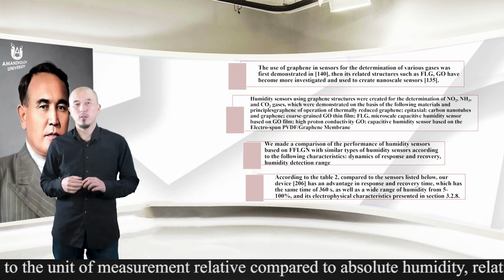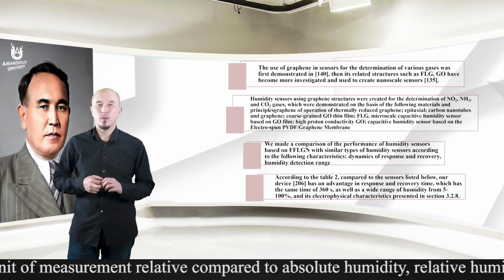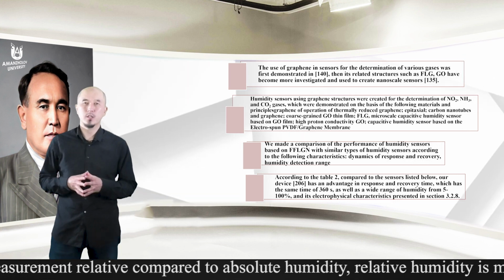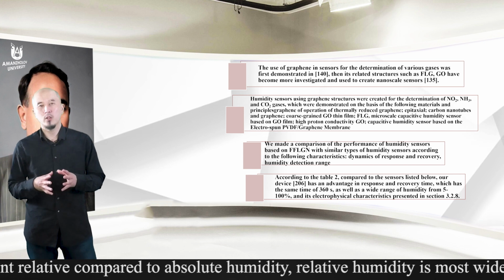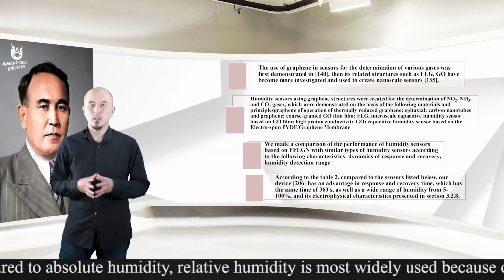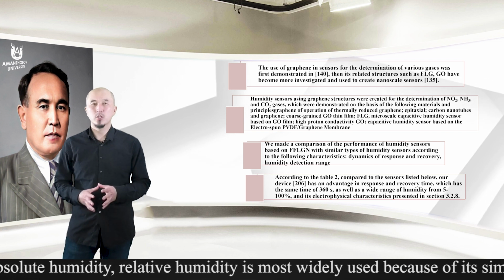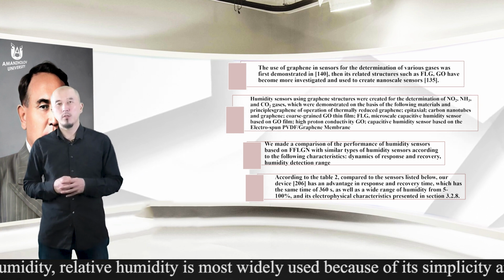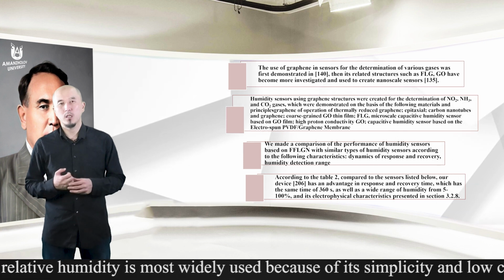Conclusions for section. First, there are two types of functionalization of graphene: chemical and non-chemical. Both categories of functionalization contribute to change in the properties of graphene, but the most effective is chemical modification.